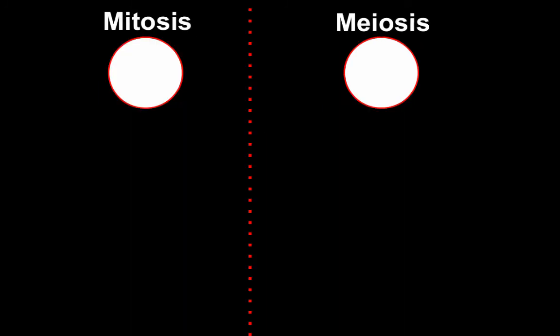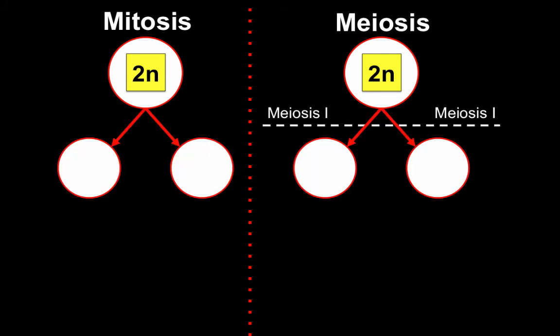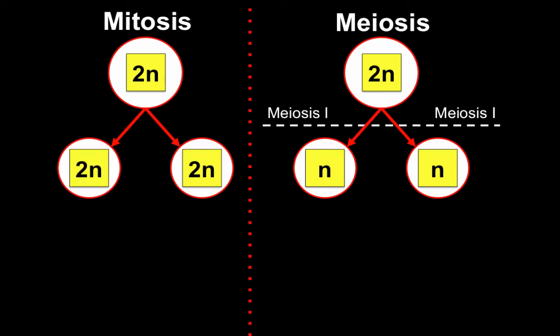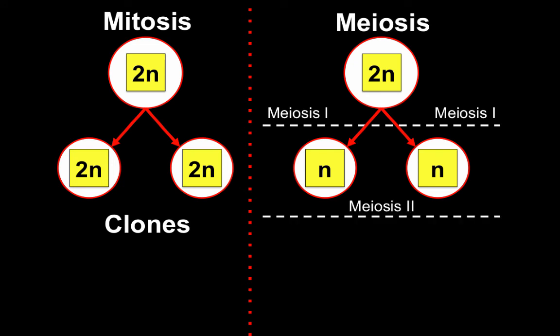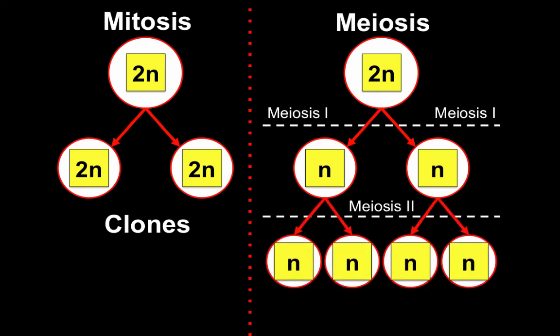If we look at them side by side, remember both of them I start with 2N. After meiosis 1, I've cut it down to N, but in mitosis, it's still 2N to 2N. I've made my clones. Meiosis, split again. Again, still have N cells, and these are gametes.